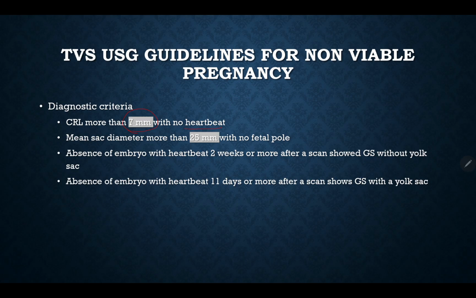Okay, now coming to mean sac diameter, if it is more than 25 millimeter and no fetal pole is there, this is also a diagnostic criteria. This one is for anembryonic pregnancy, and the other is for embryonic demise.